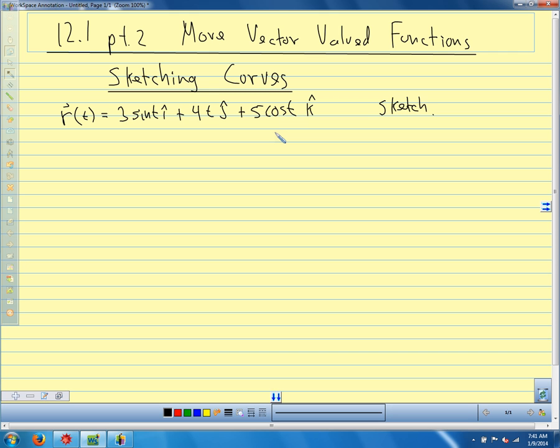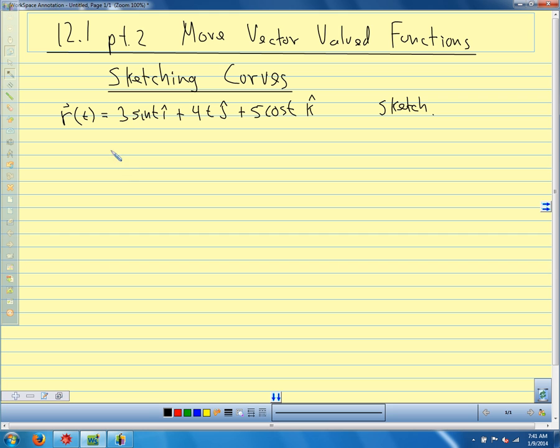Any ideas of how we're going to start? Any suggestions? We can look at traces in each of the planes. Looking at this vector value function, 3 sine t i, 4t j, 5 cosine t k, what's going to be the easiest plane to analyze initially? XZ.